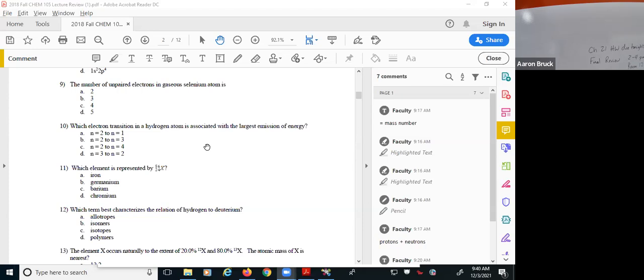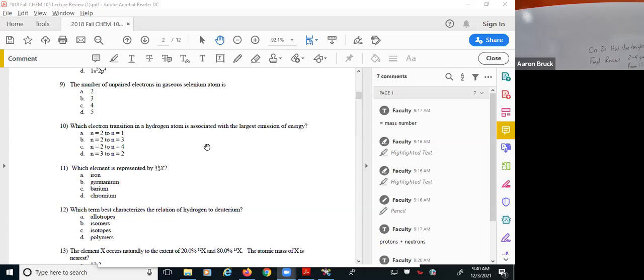Polymers, we can throw out. Polymers are compounds. Hydrogen and deuterium are both elemental species. Isomers, remember isomers? Those are molecular compounds that have the same chemical formula but different structural arrangements. Again, we're dealing with elemental samples, we can throw that out as well.